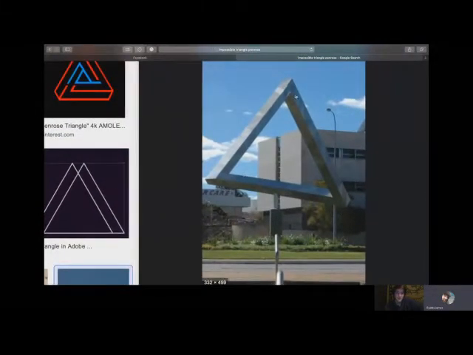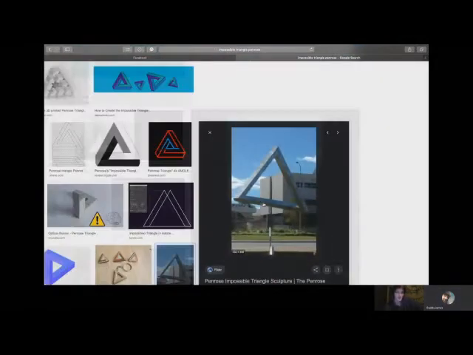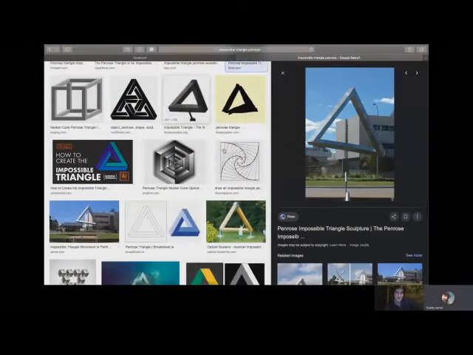So the impossible triangle can actually be physically constructed in the third dimension. It can be, but it's not connected like it looks when it's in the second dimension.